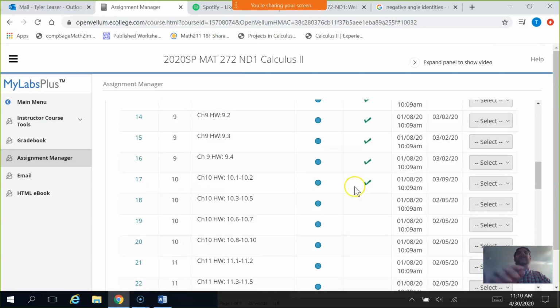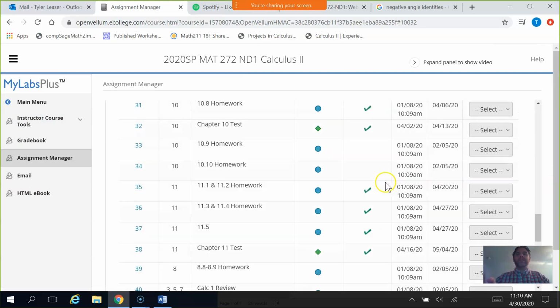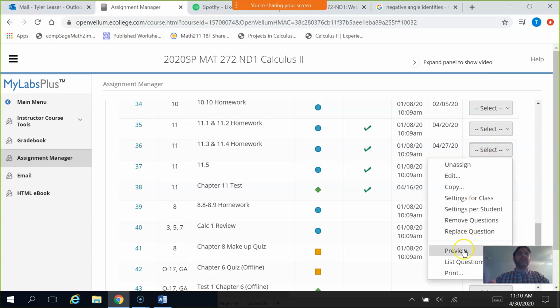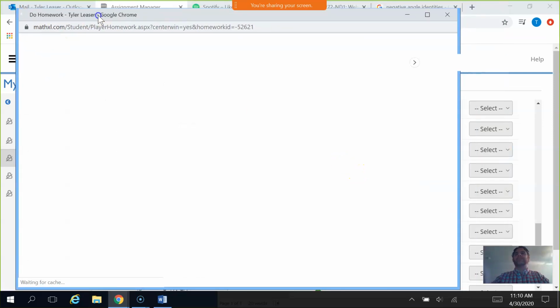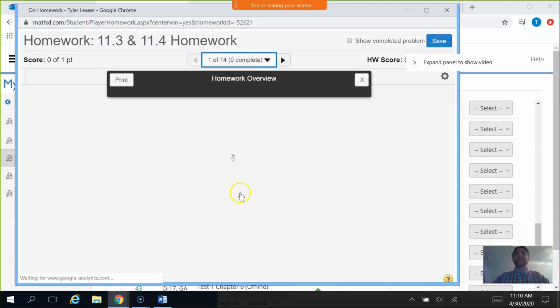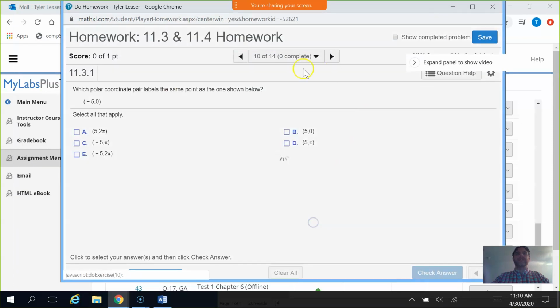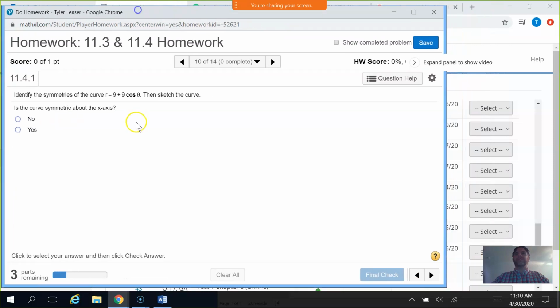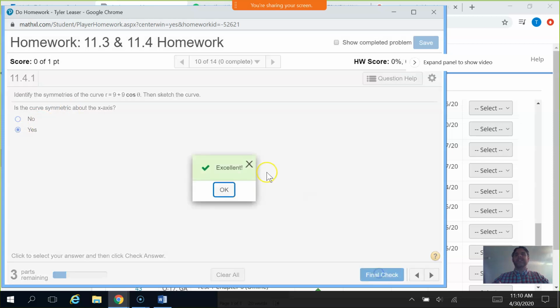I'm pulling back up that homework, but I have to pull it up a different way so that it will actually let me work through it. I hope it doesn't change the question too much. Oh, good. It's the same thing, right? So r equals 9 plus 9 cosine theta. We just decided, yes, this is symmetric to the x-axis.